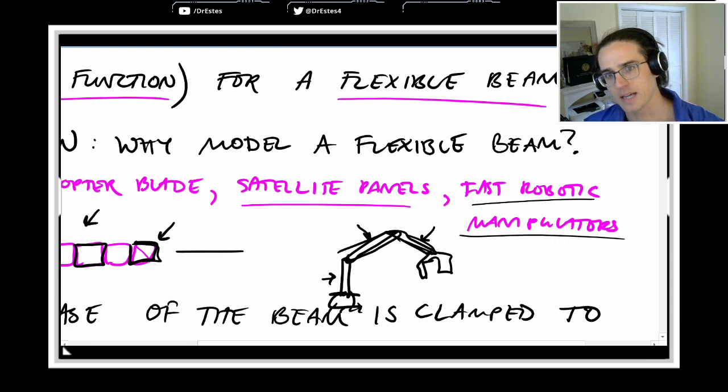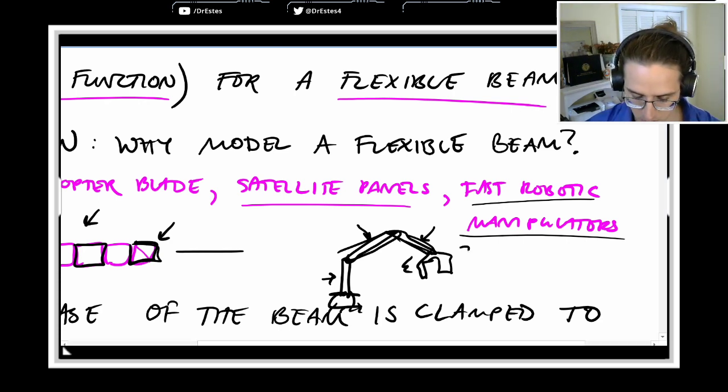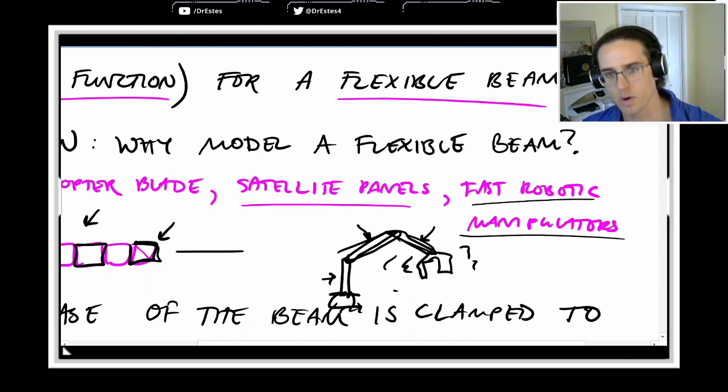And a side effect of that is when you have a lighter structure and you're moving it very quickly, you introduce vibrations into the motion. So this is becoming a more and more important part of even modeling different types of manipulators for robotics.